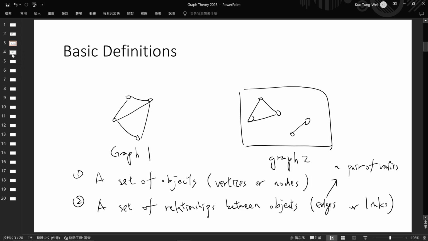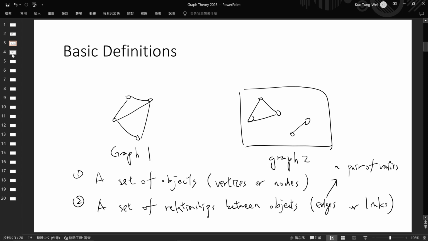But now we can start to talk about some basic properties about graphs. Okay, so first of all, here we have two graphs, graph 1 and graph 2. There's a big difference between these two graphs. So can you spot any differences between these two graphs? Connected or disconnected, okay?